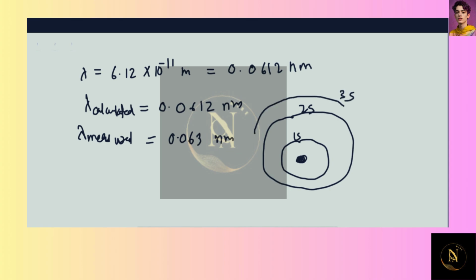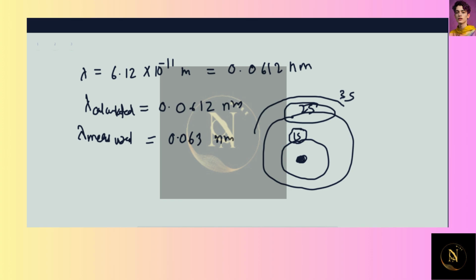We ignored the shielding provided by the electrons in the 2s orbit, and we just assumed that the shielding is provided by just the electron in the 1s orbit. That's why we had a Z minus 1. Because of this, we had this discrepancy in the calculated value for wavelength.